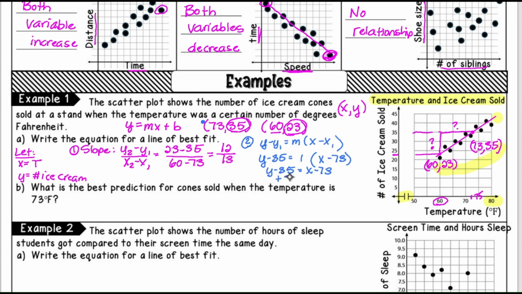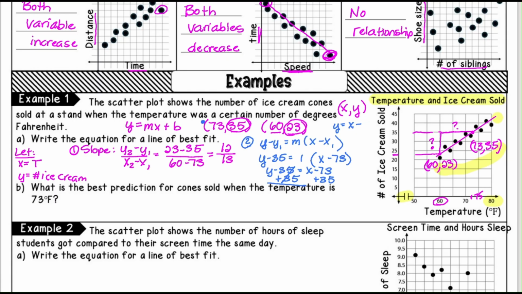I can move this 35 over. And so we end up with an equation: y equals x minus 73 plus 35.